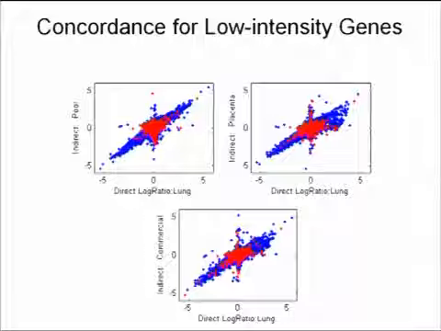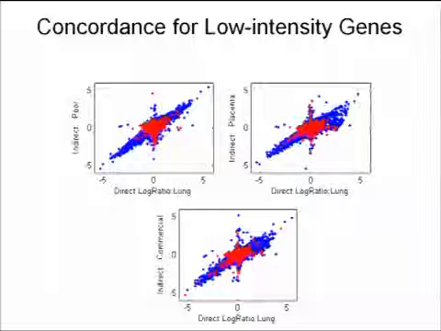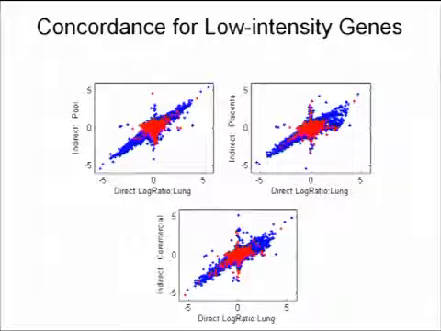But we do get some of those genes out here in the area where both the direct and the indirect comparison are saying, yeah, that gene is differentially expressed, and it's concordantly measured, whether we look at a direct or an indirect comparison.